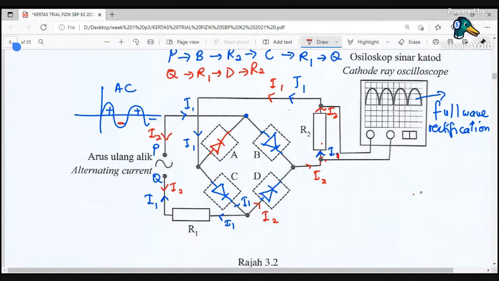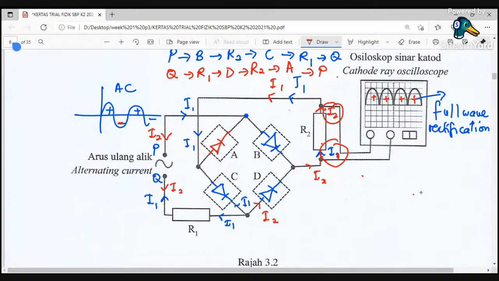From R2 it will go to A, and then from A we will go to B. So we get a direction of I1 the same as I2. That's why the negative part also becomes reverse positive. That's why we call it full wave rectification. The negative part is also rectified.